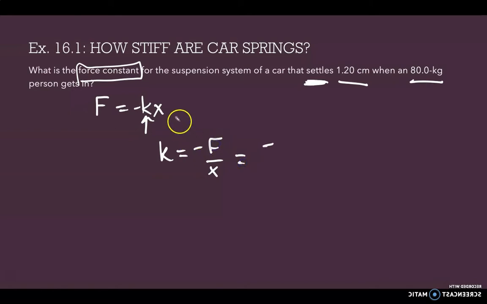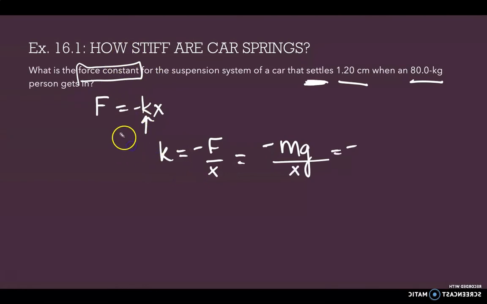So we have our negative force, which is actually going to be our mg, right? That's the force of the person, divided by our x, okay?